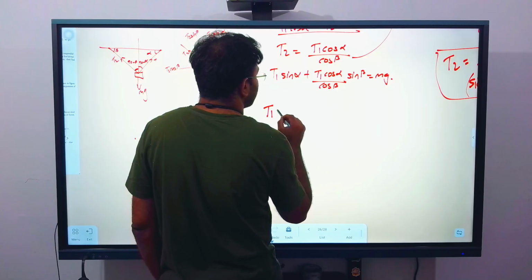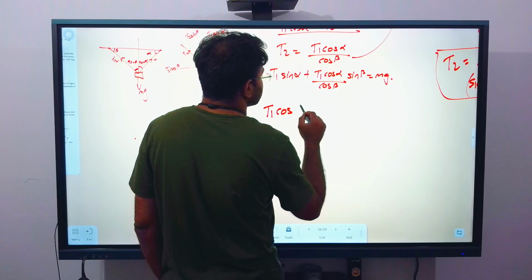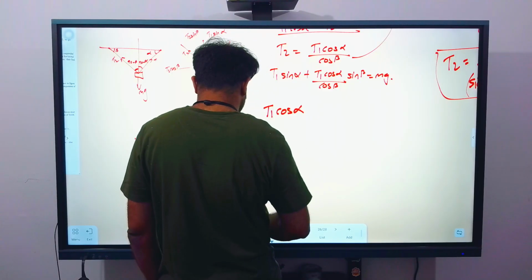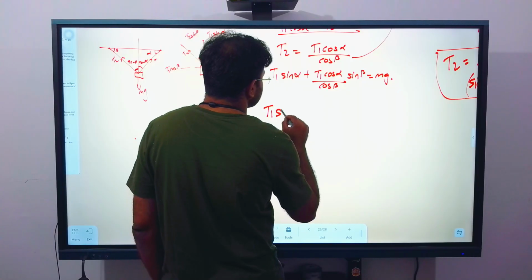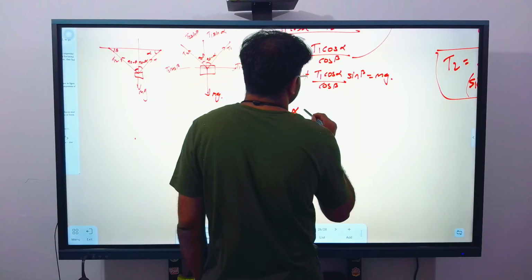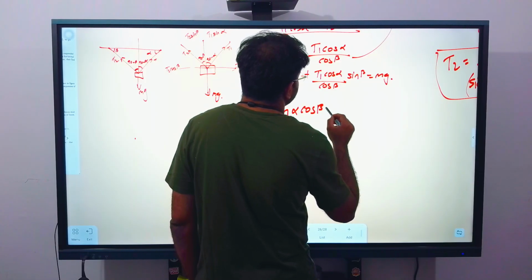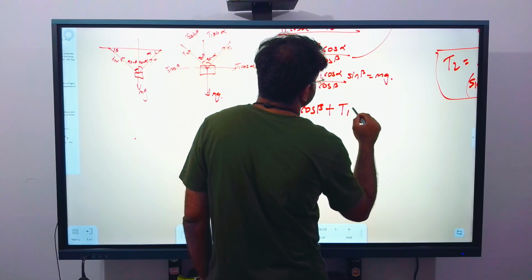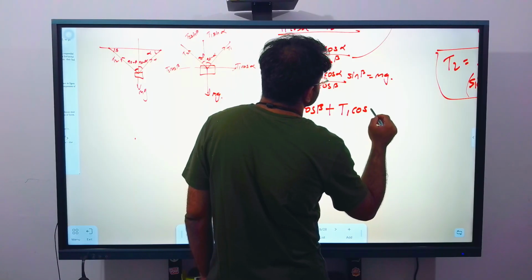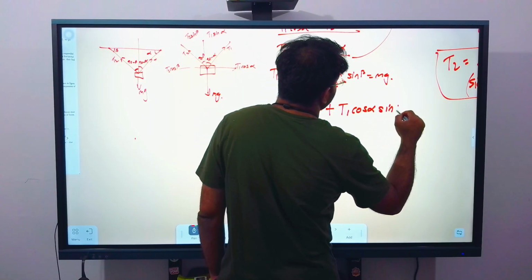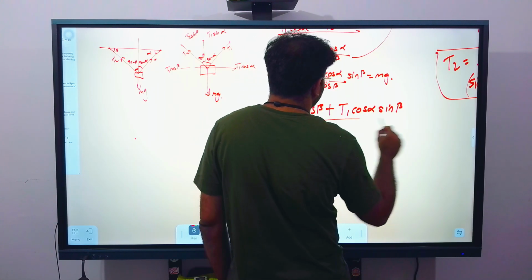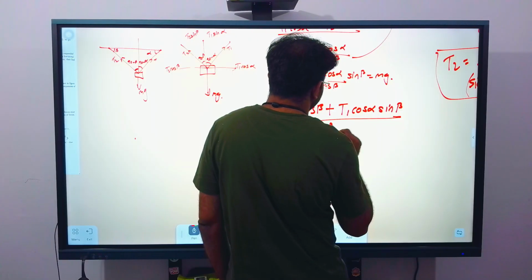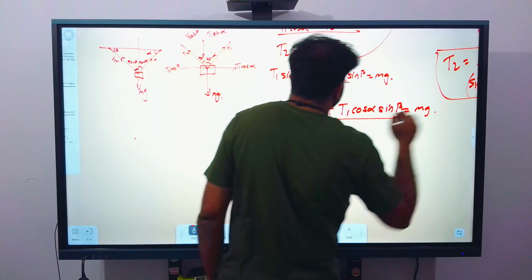So T1 sine alpha cos beta plus T1 cos alpha sine beta upon cos beta is equal to mg.